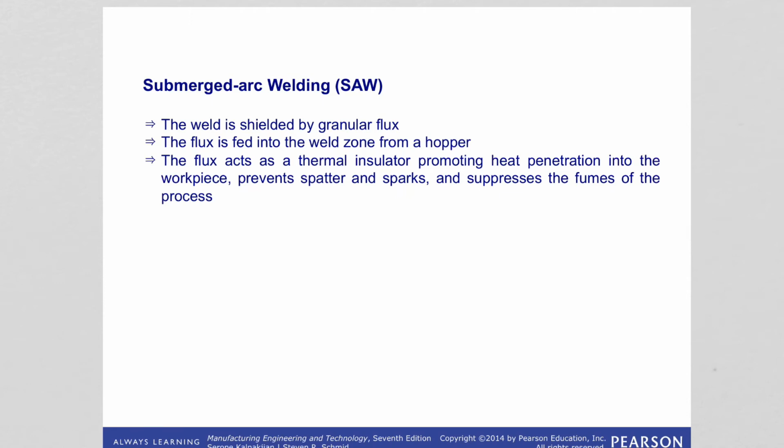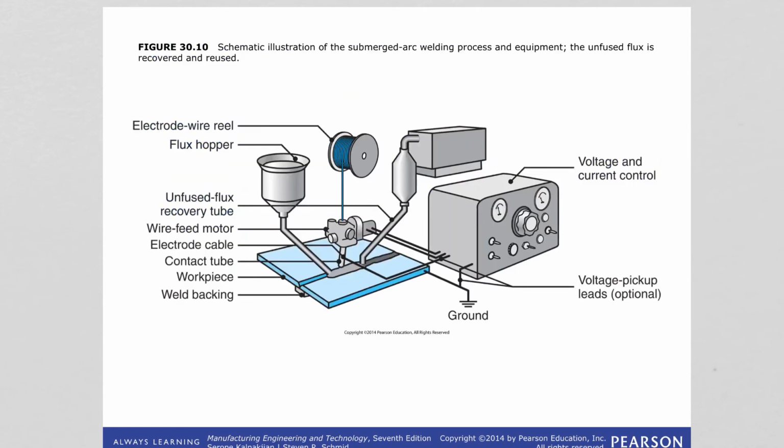This flux is made of lime, silica, manganese oxide, calcium fluoride, and other compounds. And this flux is fed into the weld zone from a hopper by gravity flow through a nozzle, and you can see the shape of that here.